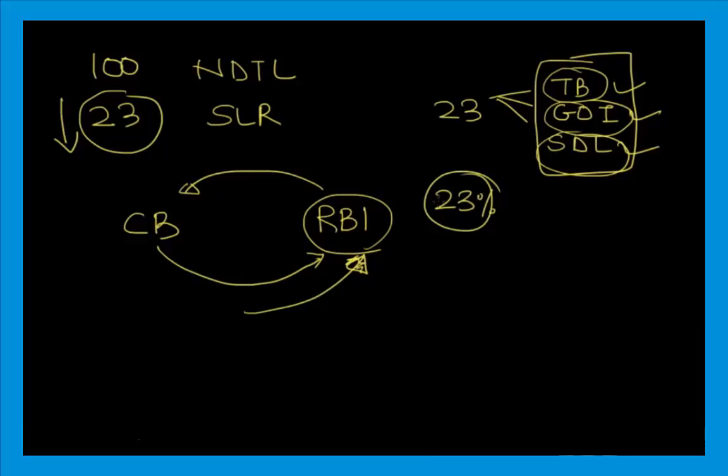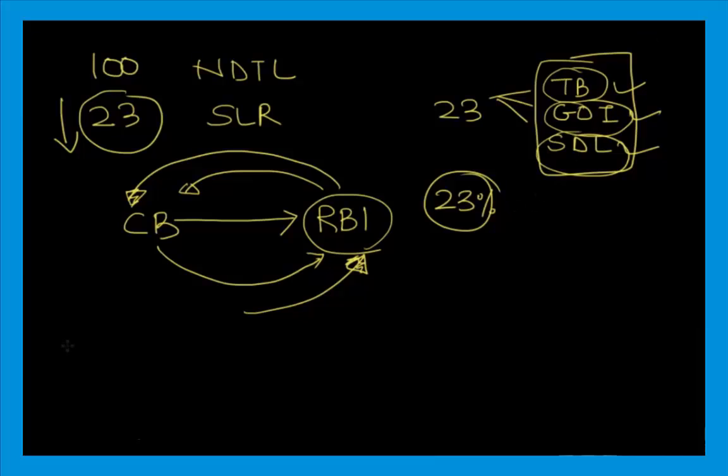Now, why is it called a repurchase agreement? It's called a repurchase agreement because when the commercial bank returns the money to RBI, RBI will give the collateral back, and hence it is called a repurchase agreement.